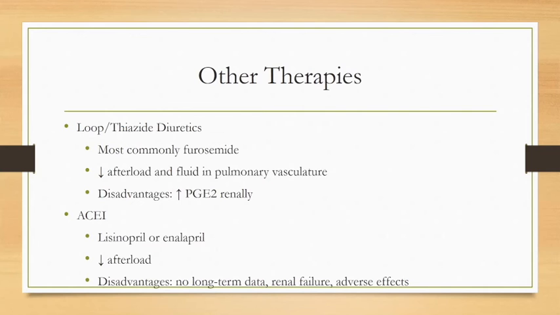A disadvantage would be the increase of PGE2, which is needed to close the ductus arteriosus. And ACE inhibitors like lisinopril or enalapril also decrease afterload. However, disadvantages again are that there is no long-term data, and they have renal failure and very serious adverse effects in preterm or low birth weight neonates. So monitoring closely is very important.